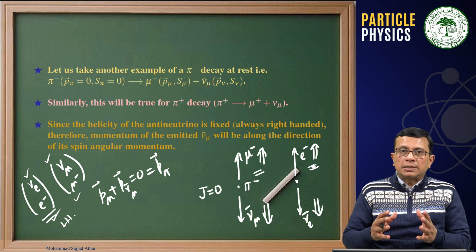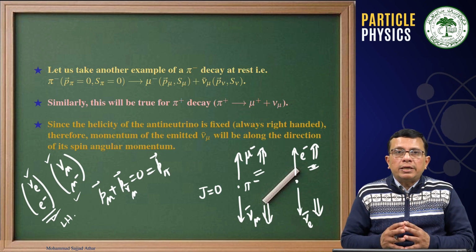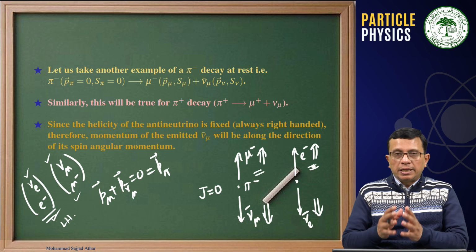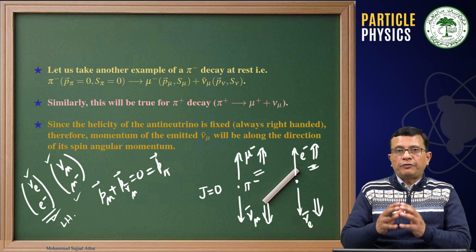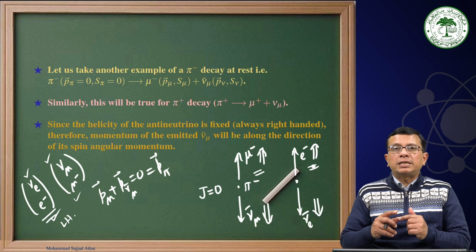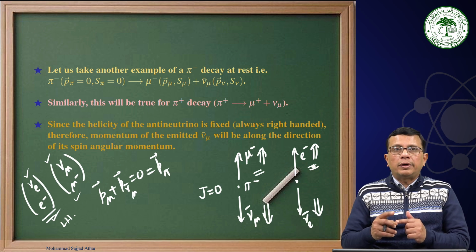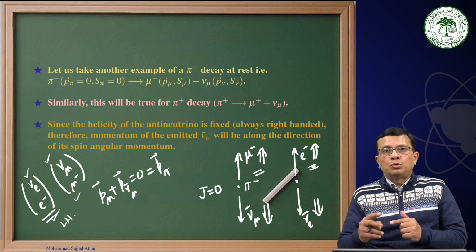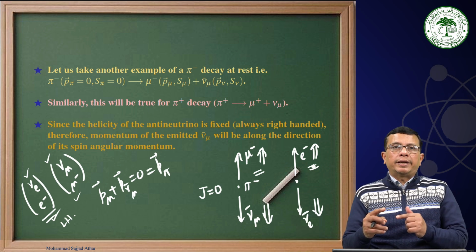Now, given a choice, since the electron is 200 times smaller in mass than the muon, for nature to make the electron right-handed is more difficult than taking the muon to be in the right-handed direction.